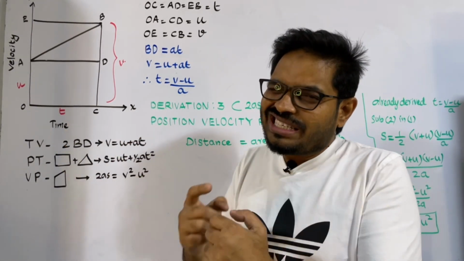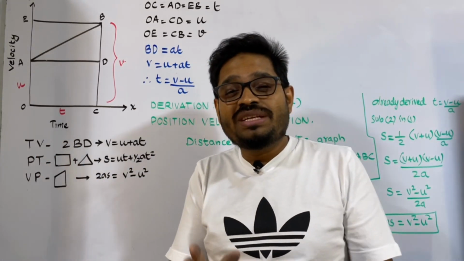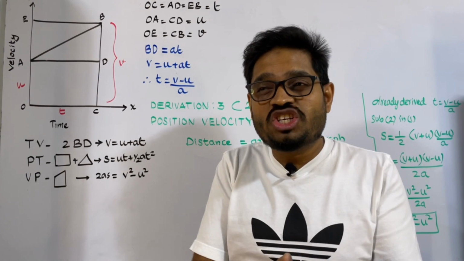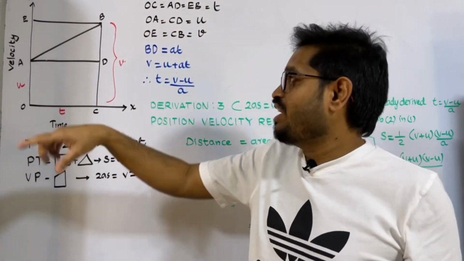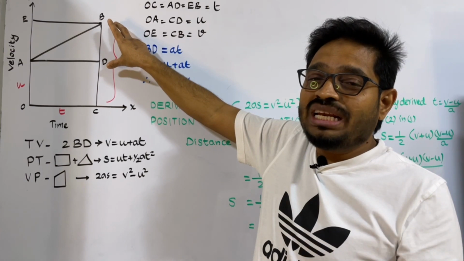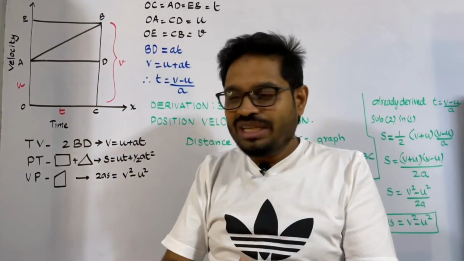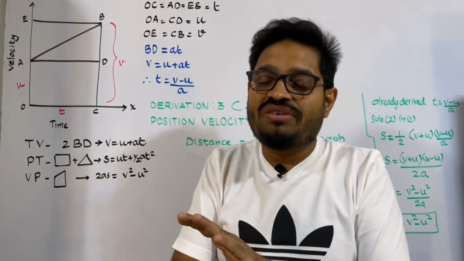So let us recollect quickly. If it is TV, meaning the velocity and time relation, you need to find two formulas for BD. One is BD equal to AT and one is BD equal to V minus U. From there you bring them together and you get the first derivation done.